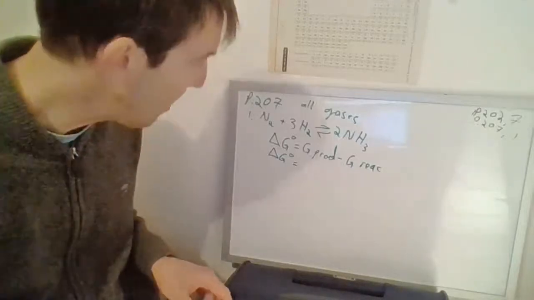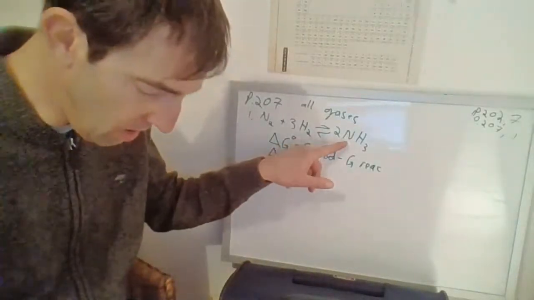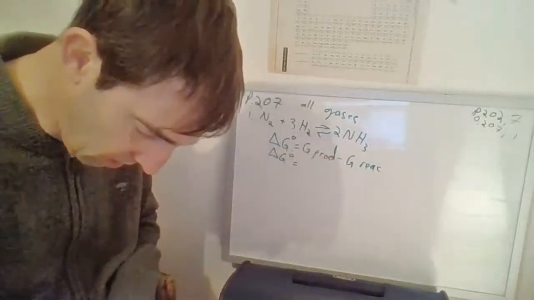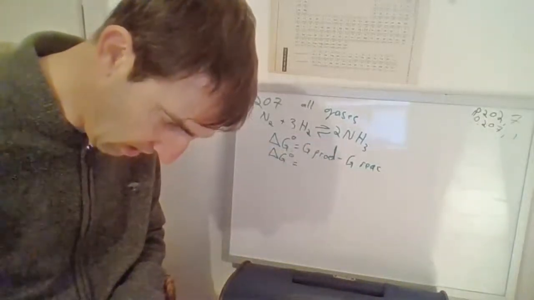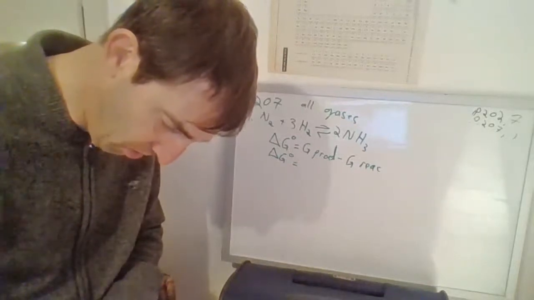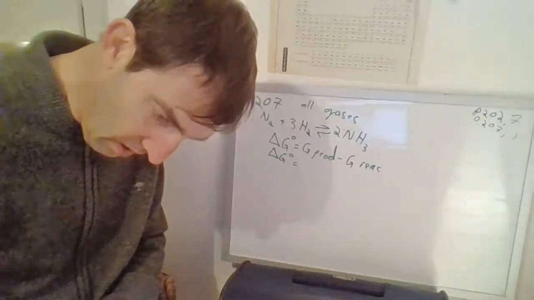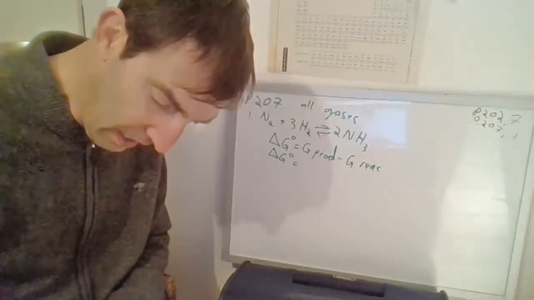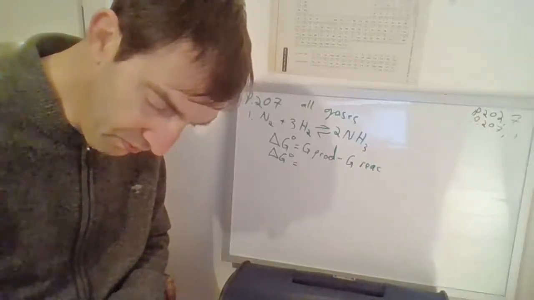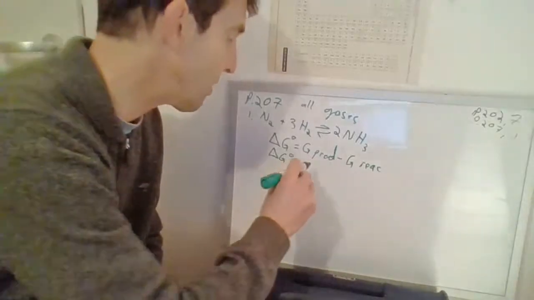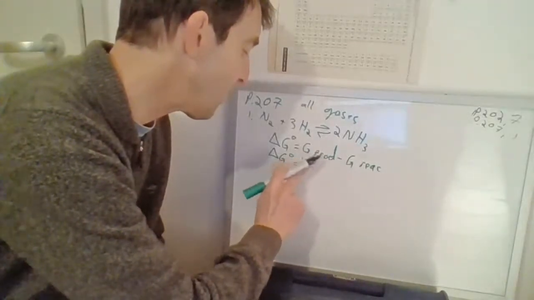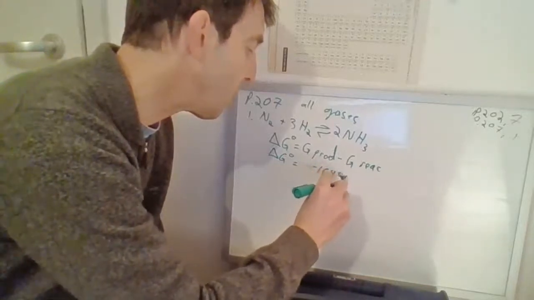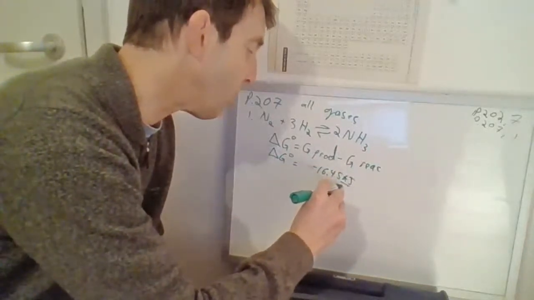Here we go. My product is NH3 gas. I'm looking, and it should be by the ends. Here it is, the NH3 gas. I got negative 16.45 kilojoules per mole.